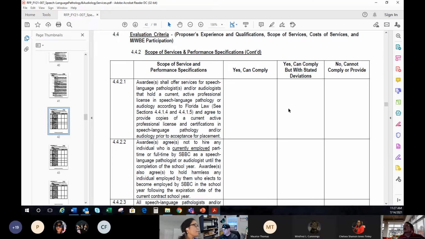In this other column, yes, can comply, but with stated deviations. You can check mark that, and then you could say something. This is just a hypothetical answer, that the license will be provided when work is required or something like that. And no, cannot comply or provide, you would check mark that box just to let us know you can't provide that type of service.